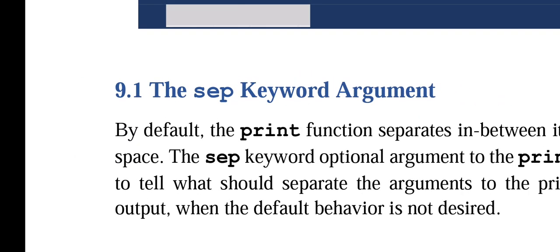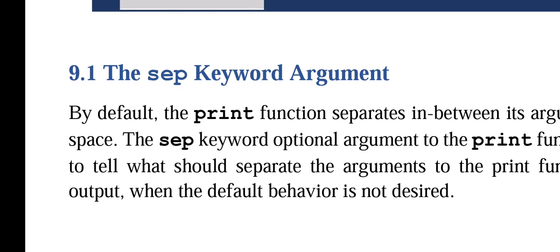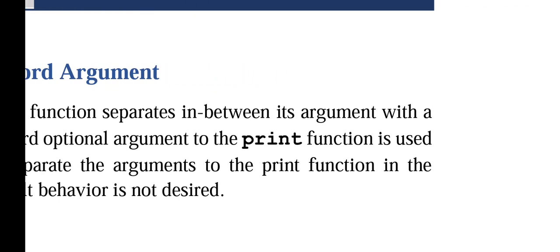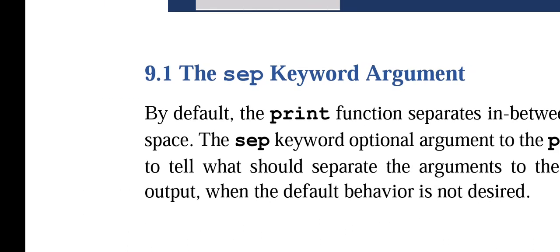The sep keyword argument is used in case we don't like the default behavior of the print function of separating its arguments in the output with a single space. By default, the print function separates in between its arguments with a space.